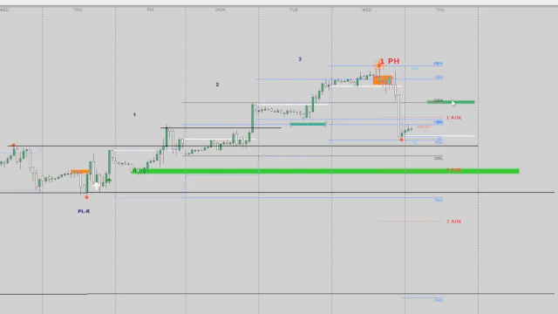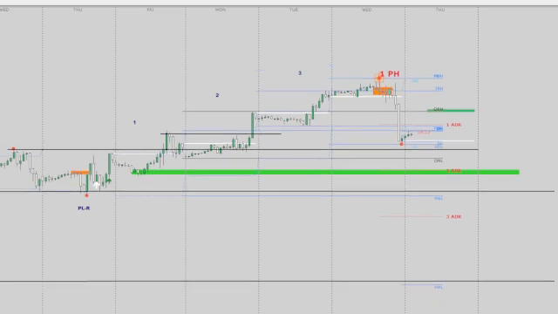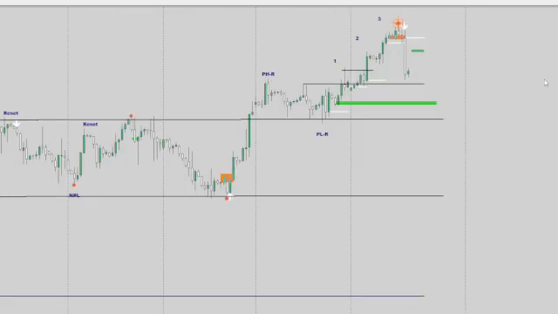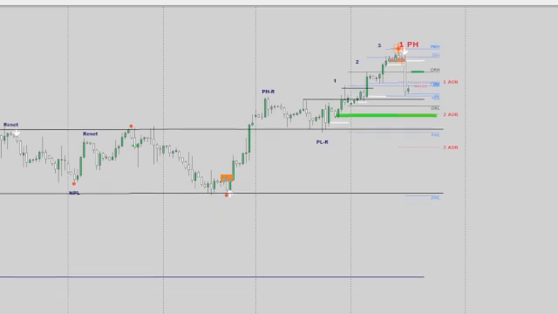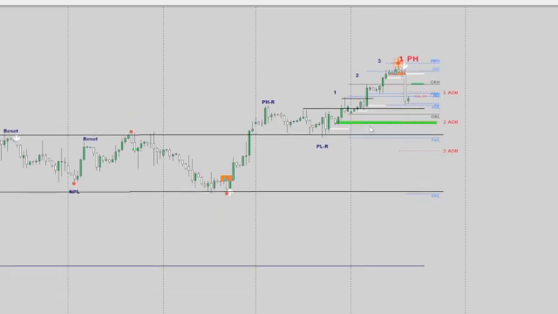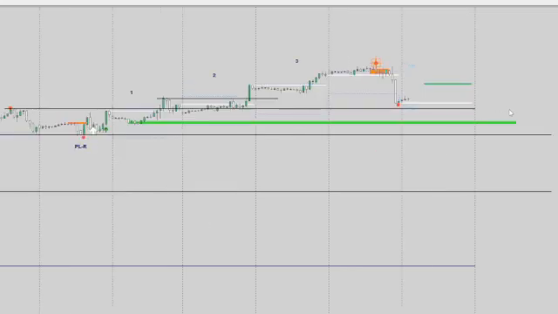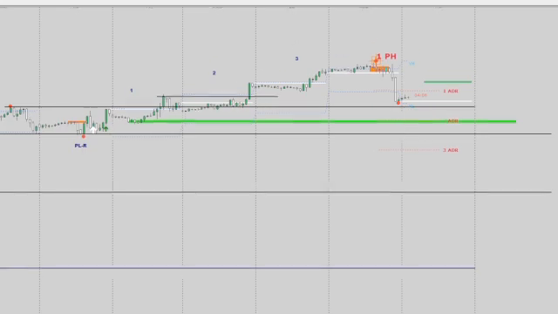Or it could get to that level and it could reverse. It can go back long. I don't know. Let's look at the higher time frame. Higher time frame is looking short, so we may be onto something here in the continuations of these shorts. So let's see what happens. So that's the plan for tomorrow. Okay.